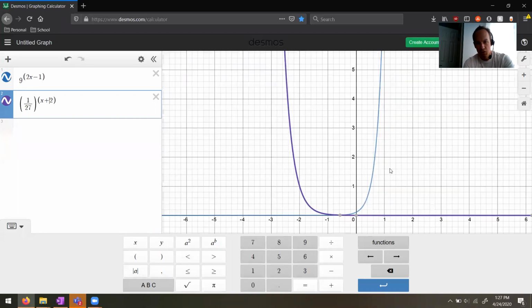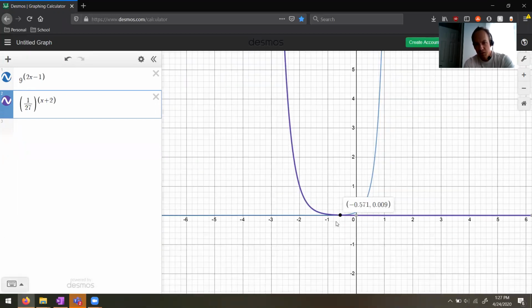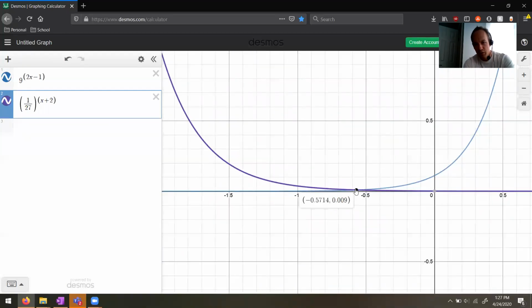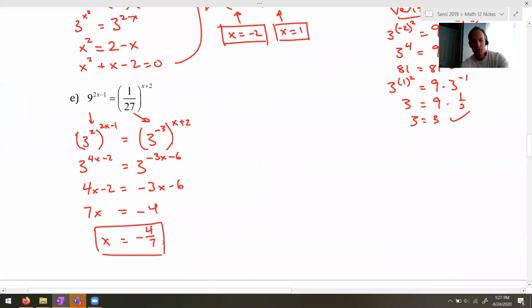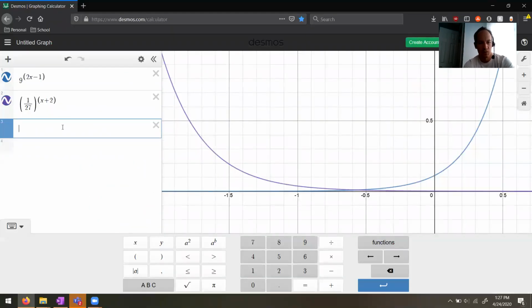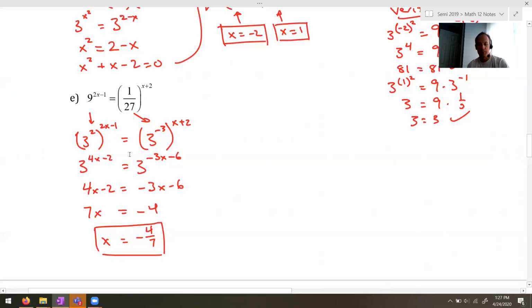All right, so what we should see here is we get an answer, which is only one crossover point, negative 0.57. I got negative 4 over 7. Let's just confirm. I think that's right, though. Yeah, 4 over 7 is 0.57. Okay, perfect. Moving on.